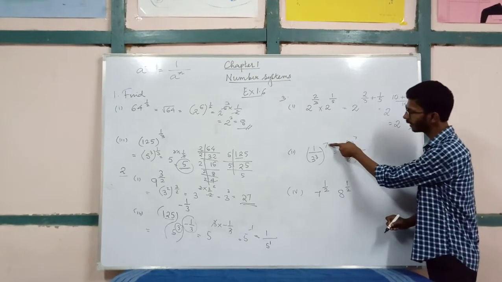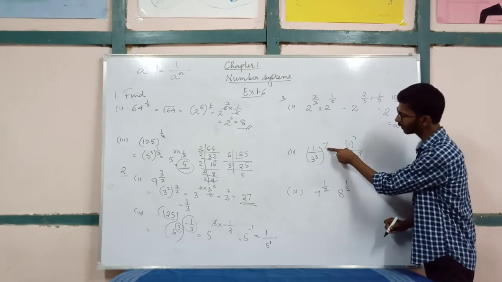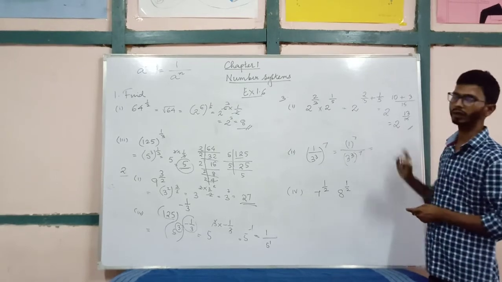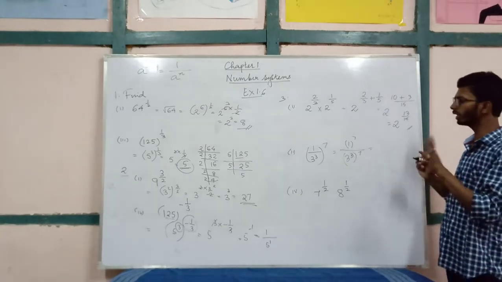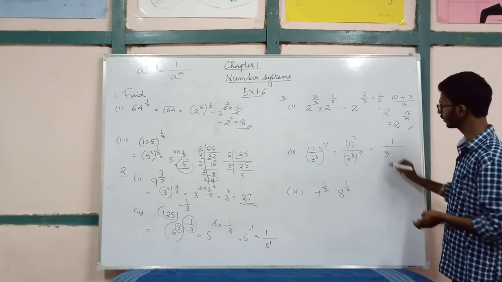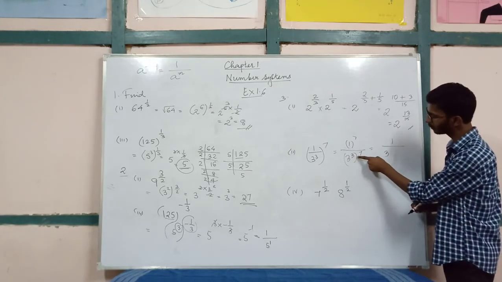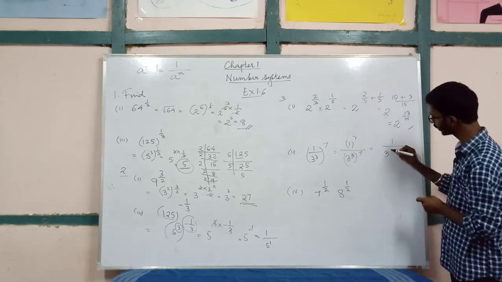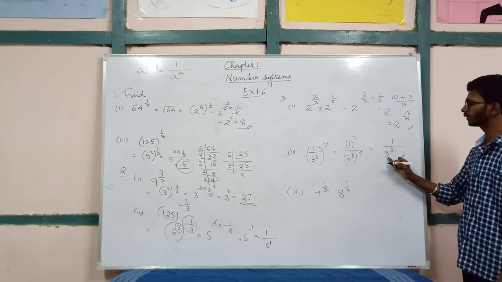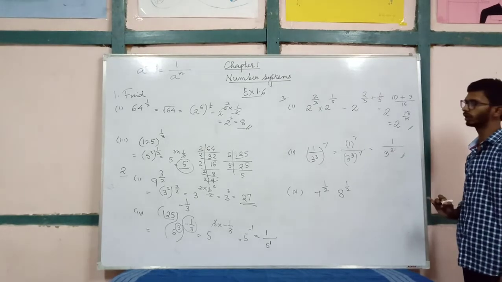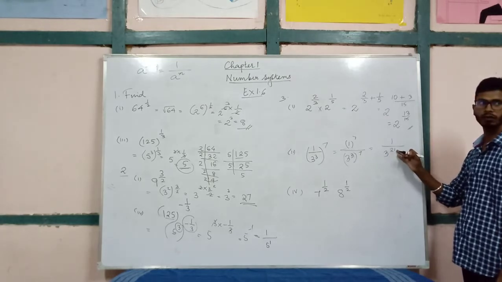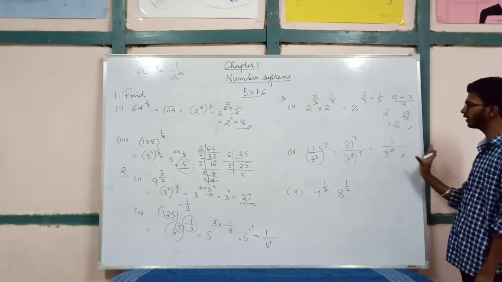See nicely, this 7 is distributed to 1 as well as to the denominator. 1 to the power 7: if you multiply 1 any number of times, the answer is always 1. In the denominator, these two powers can be multiplied. So 3 into 7 will give you 21. So our answer is 1 by 3 to the power 21. No need to solve it further, because 3 to the power 21 will give us a very large value.